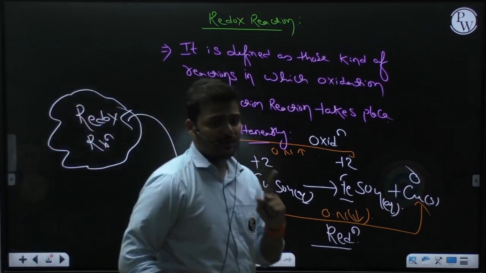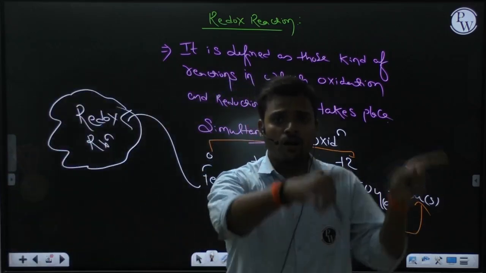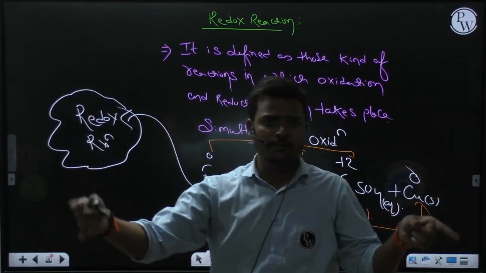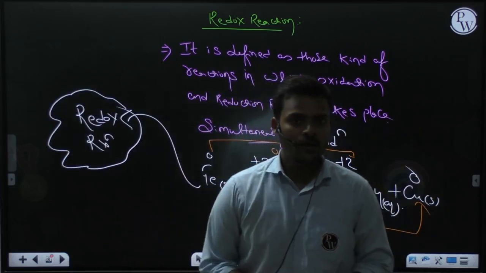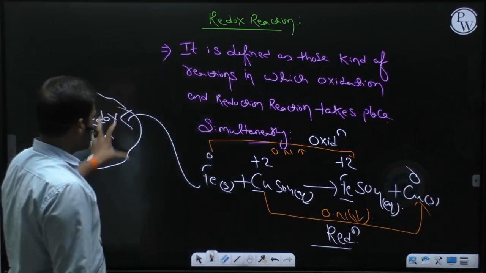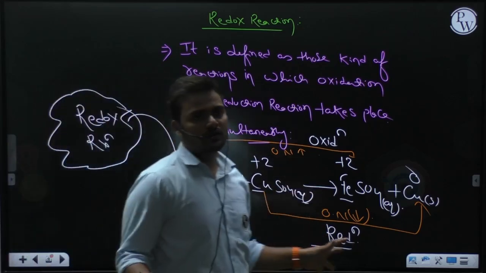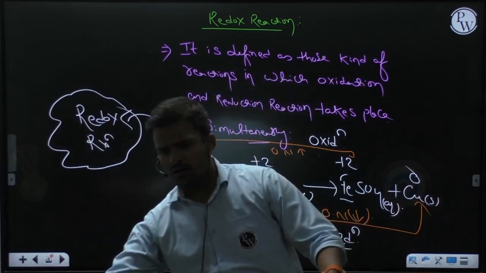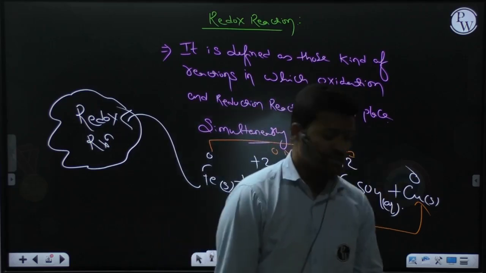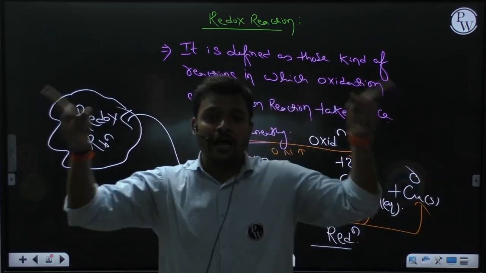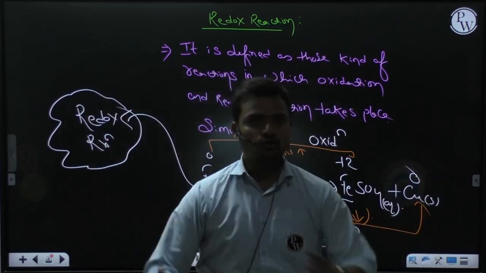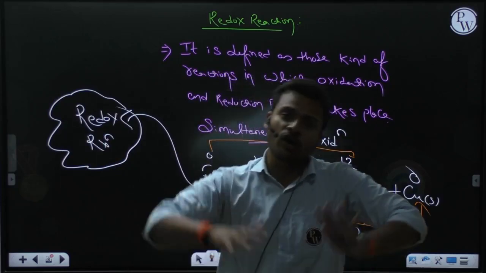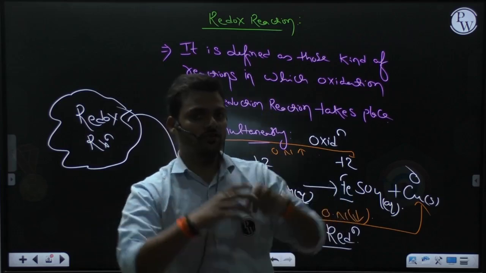Redox reactions are defined as those reactions in which oxidation and reduction take place simultaneously. This is what the chapter is all about: all those reactions in which oxidation and reduction both happen simultaneously, and that branch of science is what we call redox reactions.